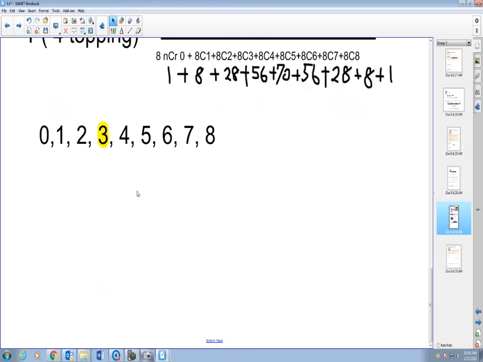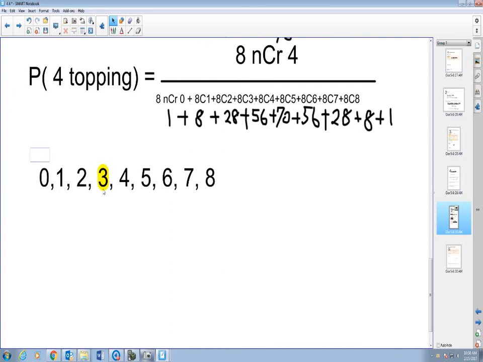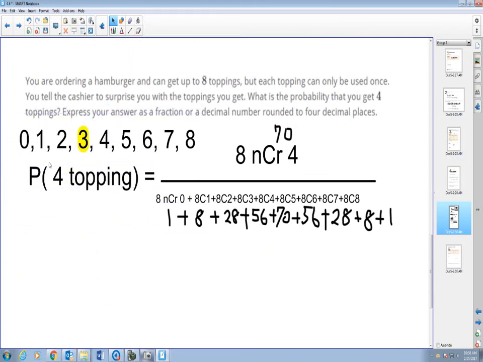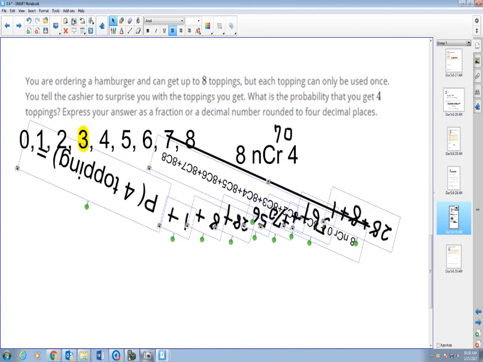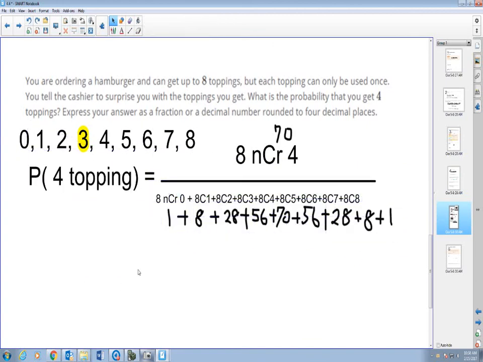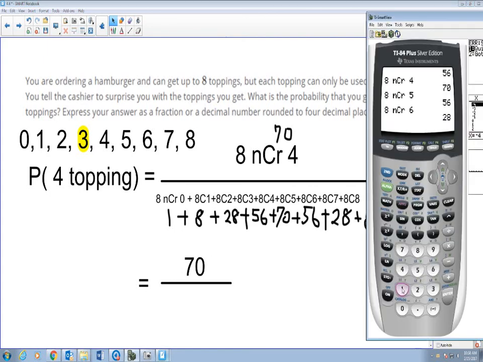So this problem now becomes: 8 choosing 4 is 70 ways I can choose. The denominator is 1 plus 8 plus 28 plus 56 plus 70 plus 56 plus 28 plus 8 plus 1, which is 256.